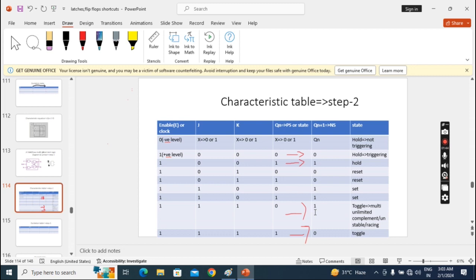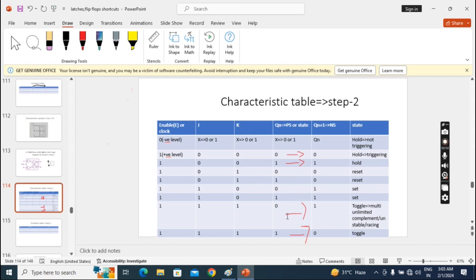When we apply J equal to 1, K equal to 1 and clock equal to 1, this JK latch will toggle continuously. This is called racing. Only this condition is different between SR and JK; all the remaining are the same. The JK came to avoid this invalid condition, because in SR this state is an unused state, so we wanted to make it useful.